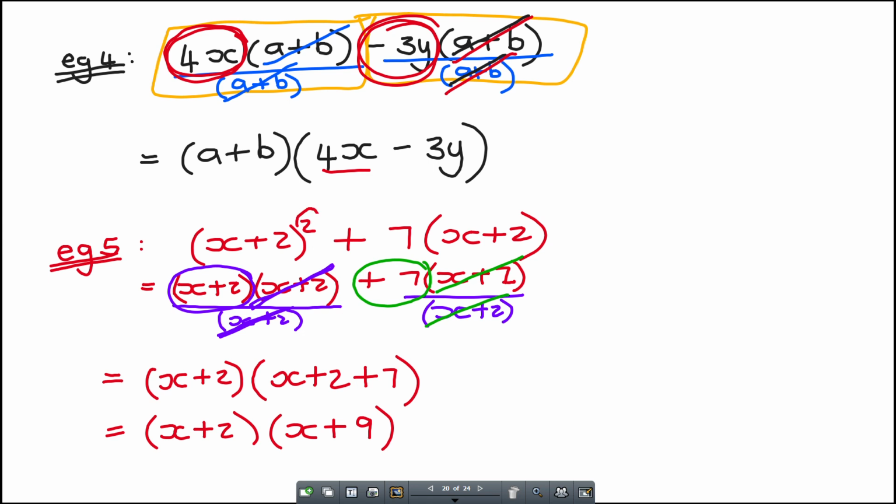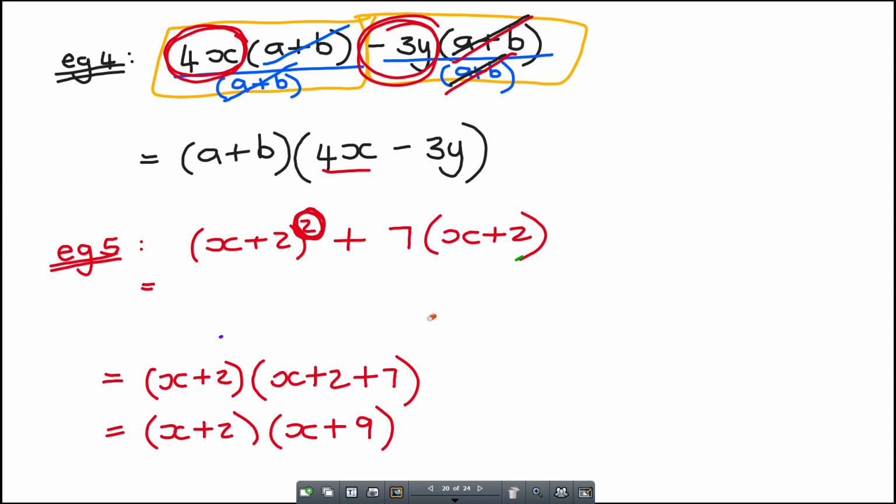That to the power of 2 means that the bracket had to be written out twice. Have a look. 1, 2. Do you see? Okay, so that to the power of 2 meant that I had to write it out twice. So x plus 2, x plus 2.